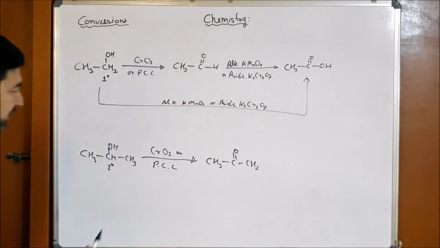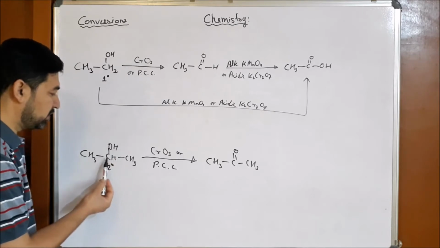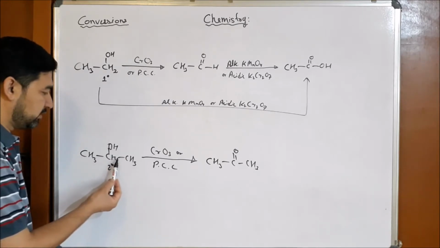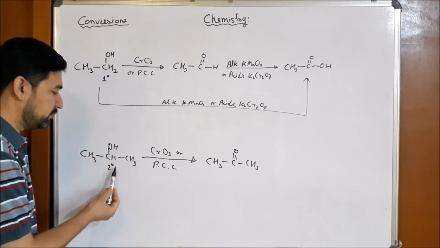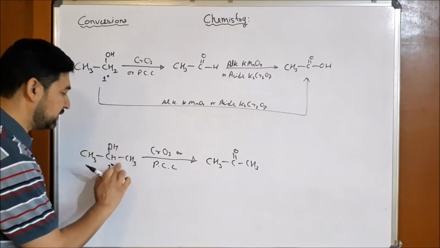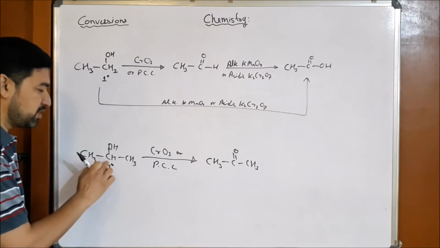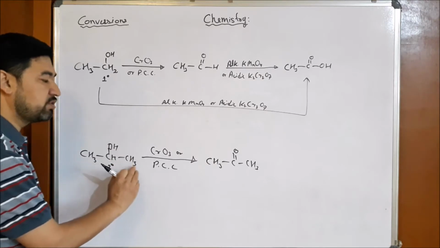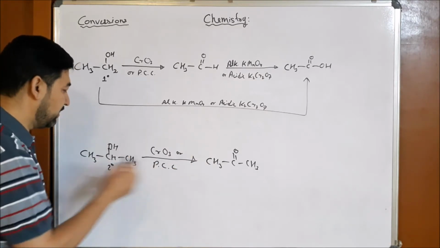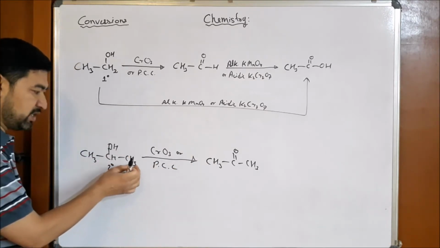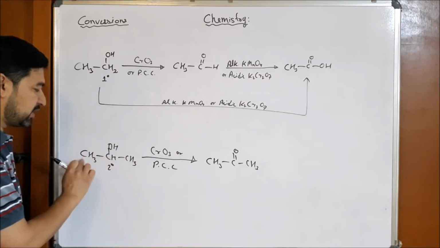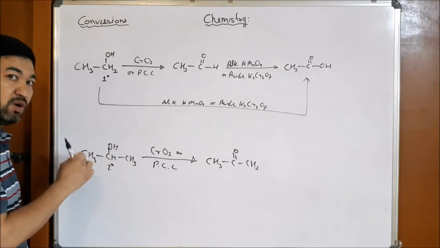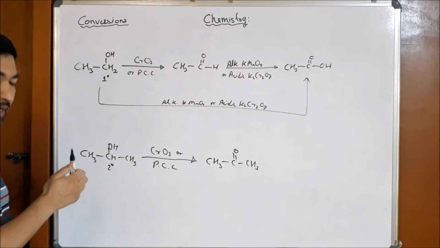Then it will break. This C-C bond on this side will break. If this side breaks, then it will form CH3COOH plus HCOOH, forming acids. If this side breaks, then again it's CH3COOH, and this carbon will become HCOOH.